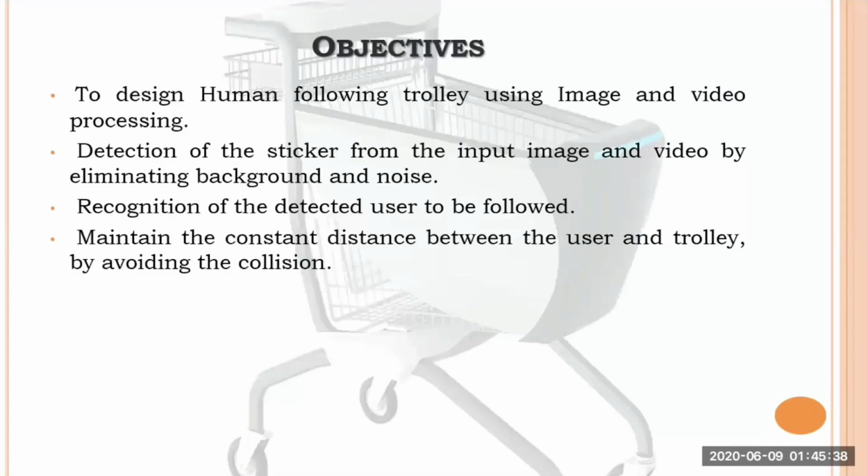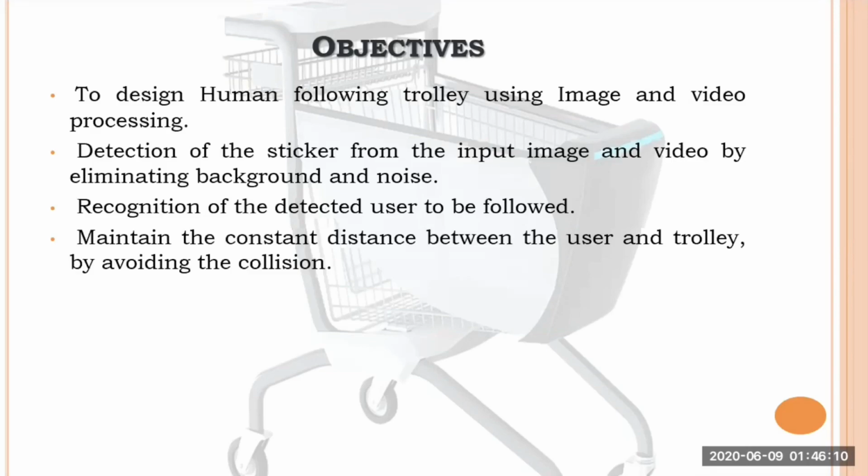There may be many disturbances, like many persons roaming in front of the trolley, or any other sticker coming in front of the trolley, and that should not be recognized. So there should be correctness in the following. So we are using this recognition of the detected sticker, which is the detected user, and hence we have considered it one of the major objectives, since it is the main part of our project.